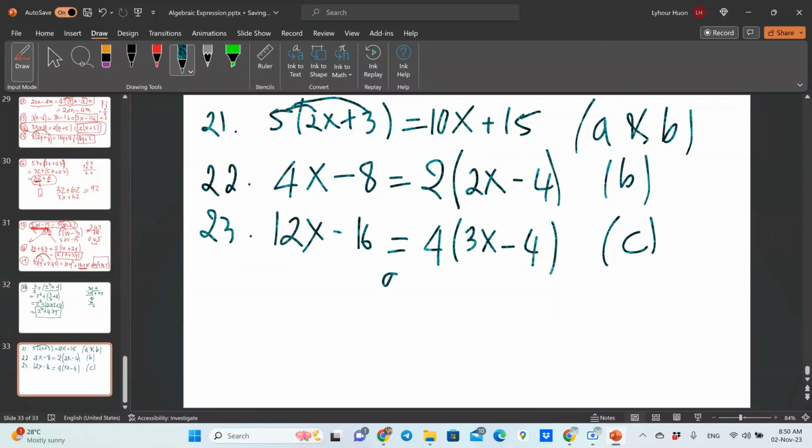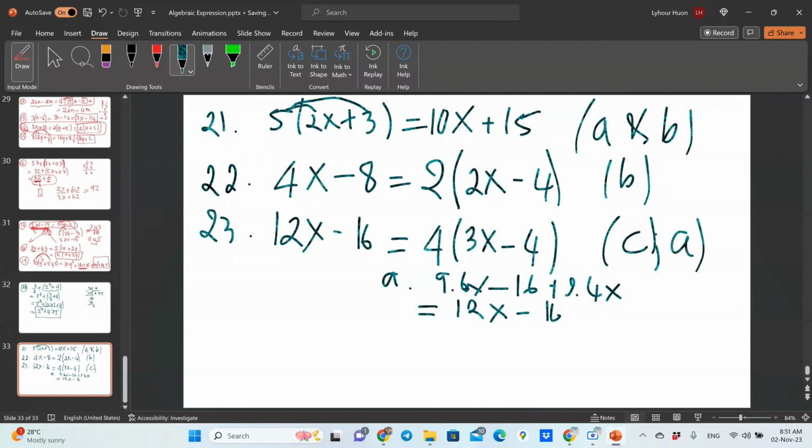So A, will it be equal? 9.6x plus or minus 16 plus 2.4. Will it be the same? Yeah, it's gonna be the same. 12x minus 16. It's the same. So A is also correct. Okay, now 24.